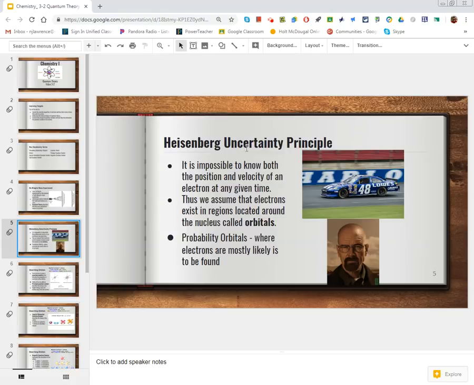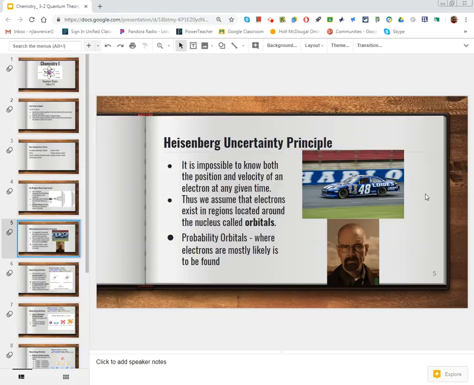So what the Heisenberg uncertainty principle says, if I want to take a snapshot of an electron in motion, I can see the location of it, but I cannot know the velocity, much like this picture of the NASCAR. So once the picture was taken of the NASCAR, I don't know its velocity, I can't calculate its speed, and I can't even calculate where it's going.